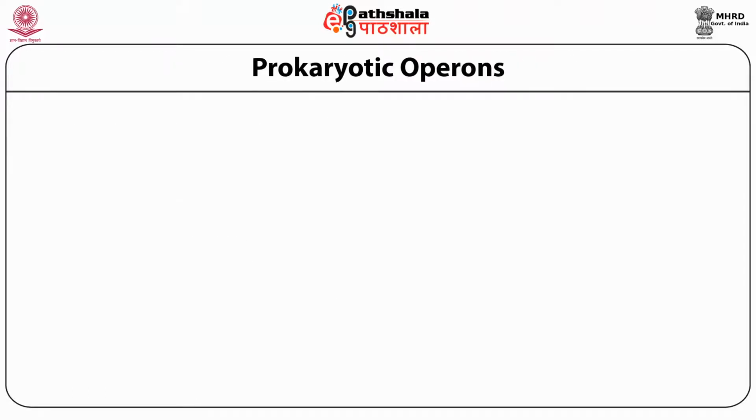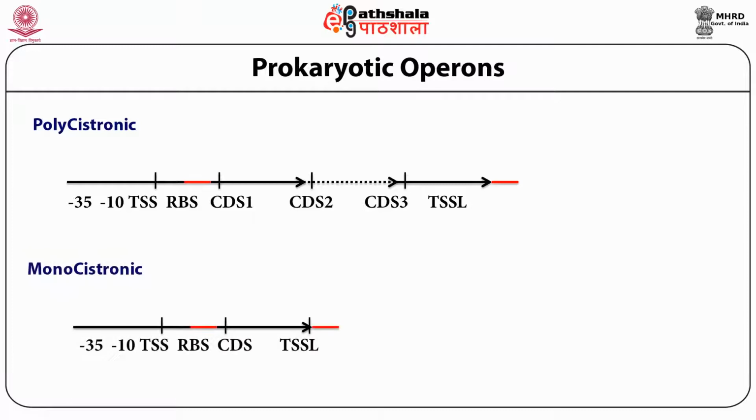In prokaryotes, the genes are organized as either polycistronic or monocistronic operons. They differ just by the number of genes encoding proteins, that is the number of coding sequences. Polycistronic operons encode more than one protein, whereas a monocistronic operon encodes only one protein.